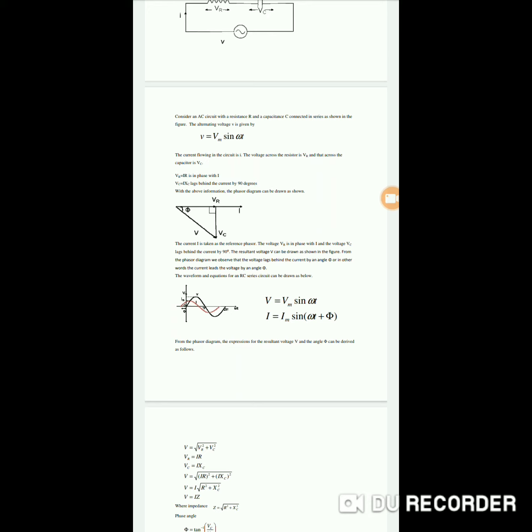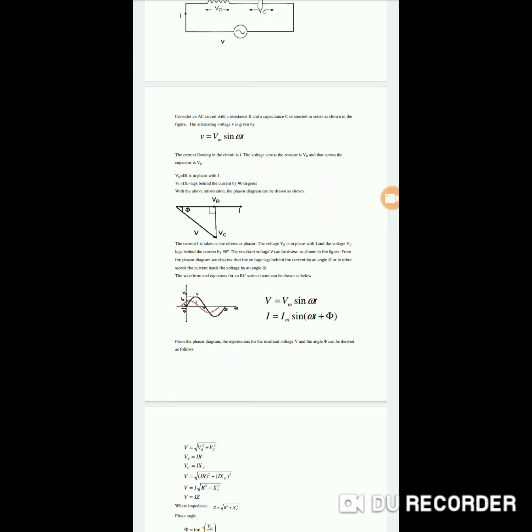If you see the phasor diagram, the resistance remains constant, in phase, so it is a straight line. But the capacitance lags behind by 90 degrees, so the graph goes down.